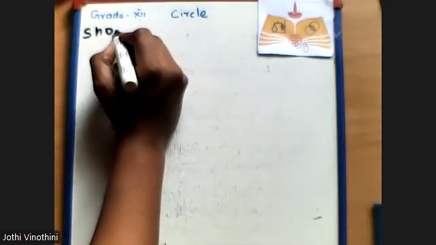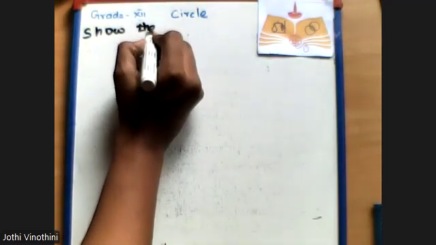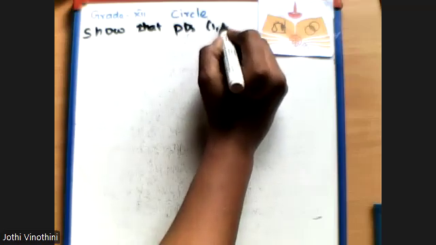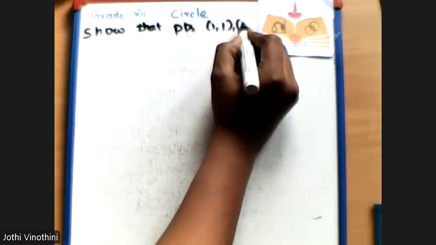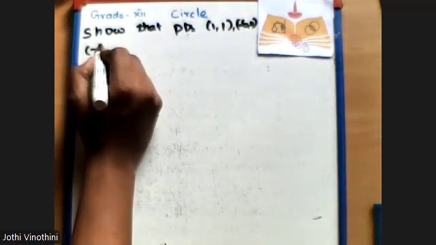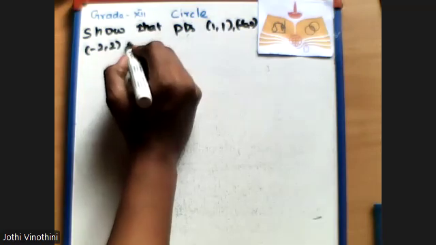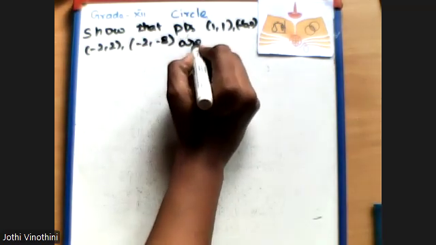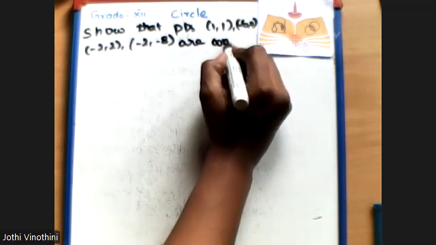Must show that points (1, 1), (-6, 0), (-2, 2) and (-2, -8) are concyclic.